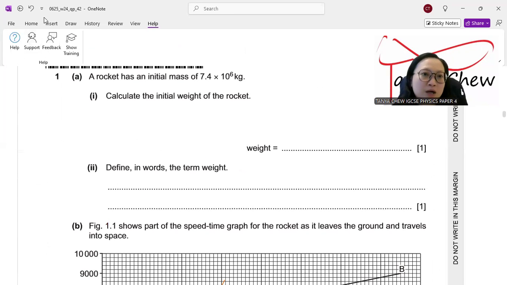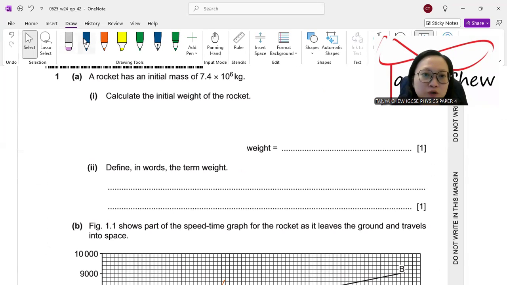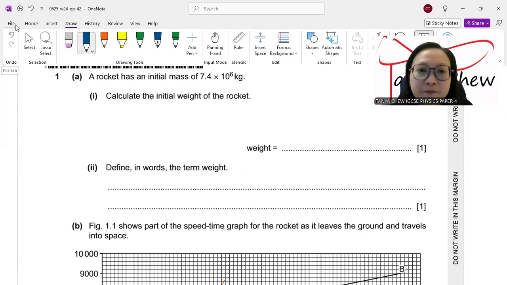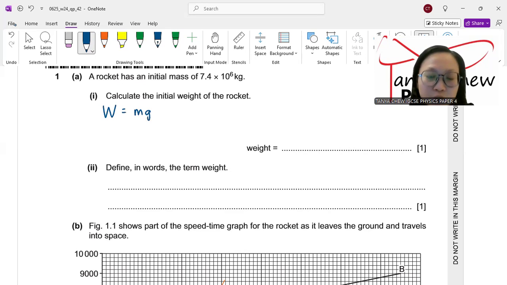Number 1A, a rocket has an initial mass of 7.4 times 10 to the power of 6 kilogram. First part, calculate the initial weight of the rocket. Now, how do you calculate the weight? There must be an equation that you're using, right? So do you still remember W is equal to mg, where W represents the symbol of weight, m represents the symbol of mass, and g represents gravitational acceleration.